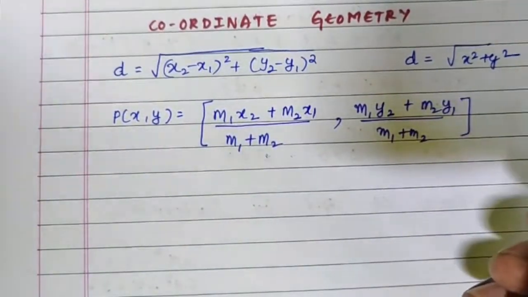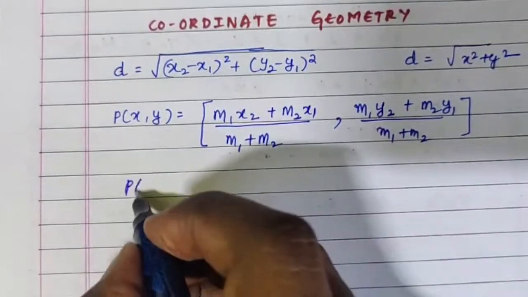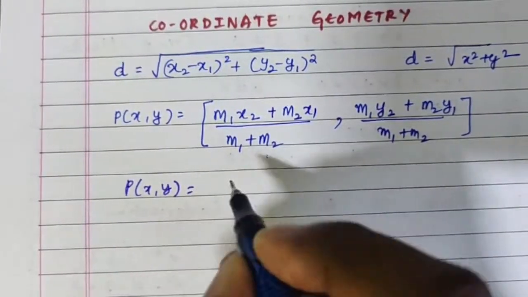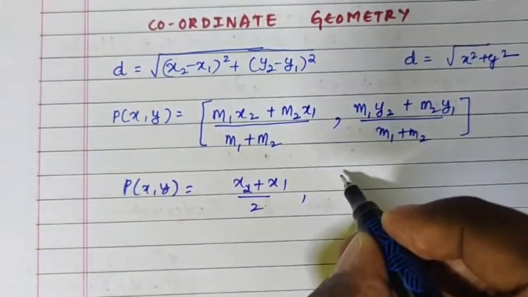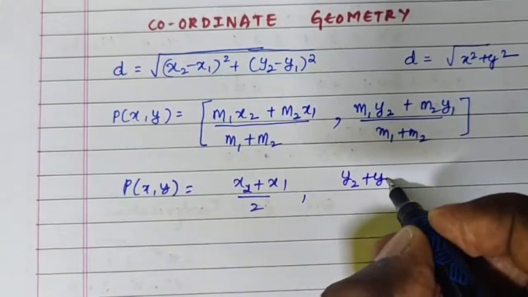This is the section formula. And the midpoint formula, P(x, y) equals ((x2 plus x1) by 2, (y2 plus y1) by 2).